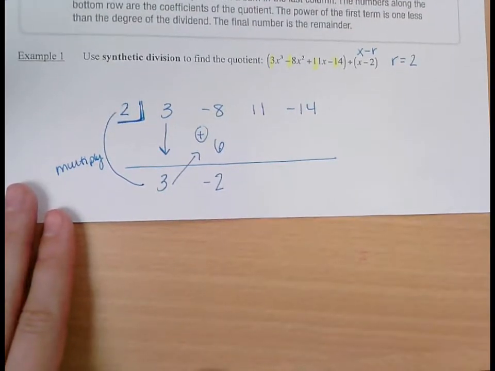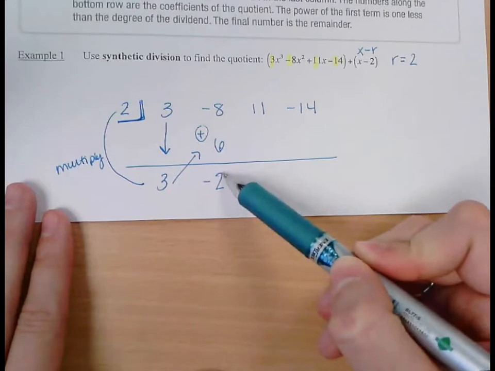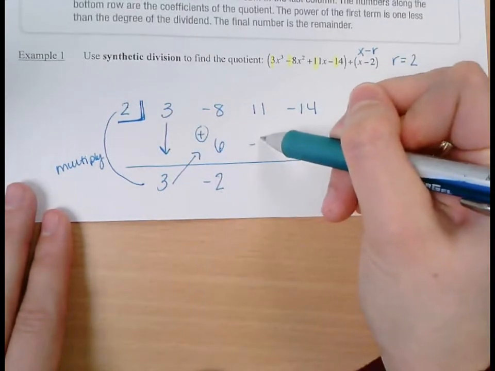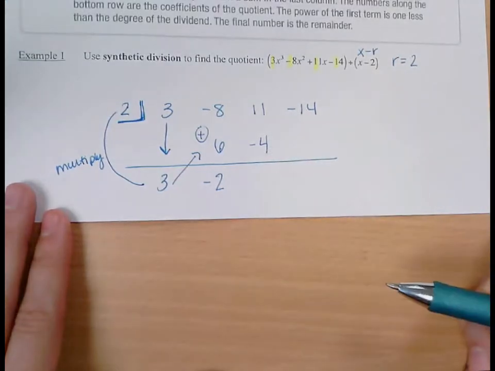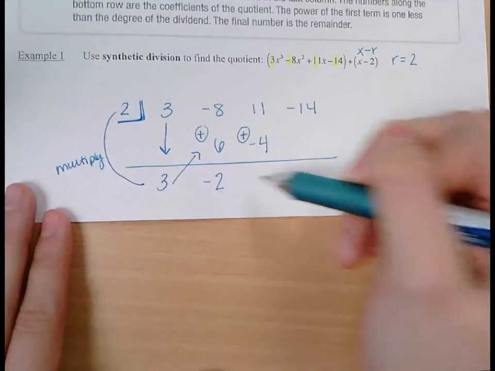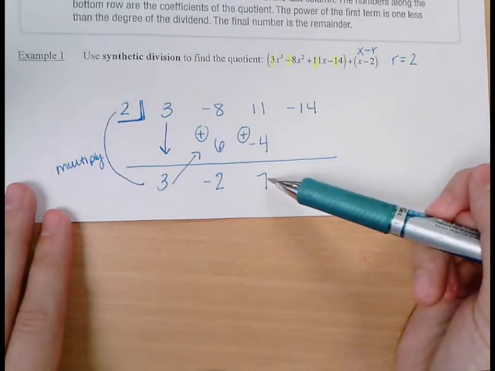Okay, then you repeat. So now you do the same exact thing but with the negative 2. So negative 2 gets multiplied by 2. That's negative 4. Negative 4 gets written underneath the 11. I add the 11 and the negative 4, and that's 7. 7 goes below the line. Okay?